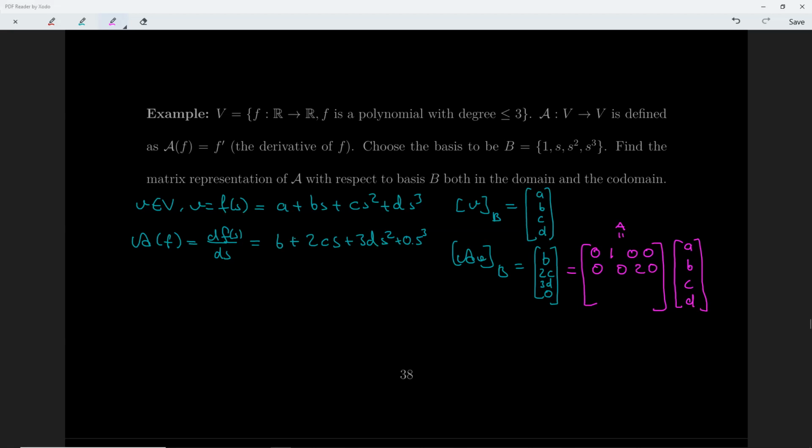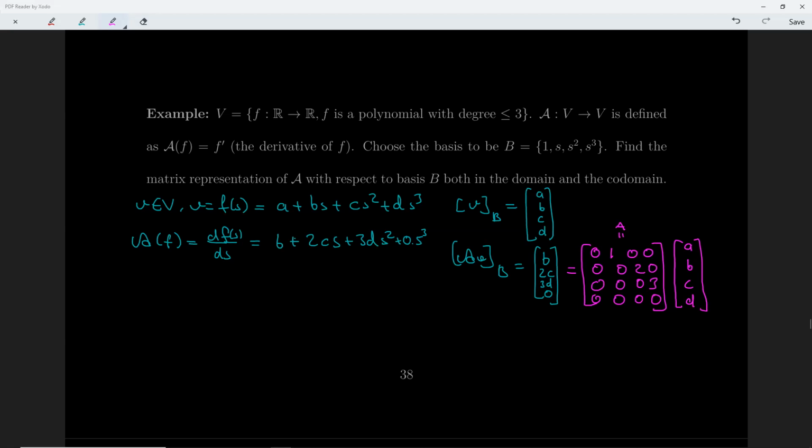And the third row times ABCD should be equal to 3d, so it will be 0, 0, 0, 3. And the last row is going to give me a 0 for whatever ABCD I have, so I will have 0, 0, 0, 0 over there. So I can obtain the A matrix in this form as well. Okay, so that was another way of doing that.